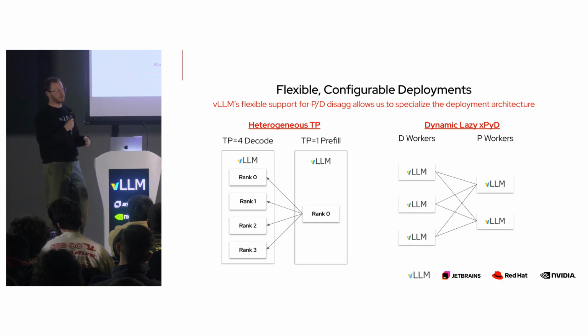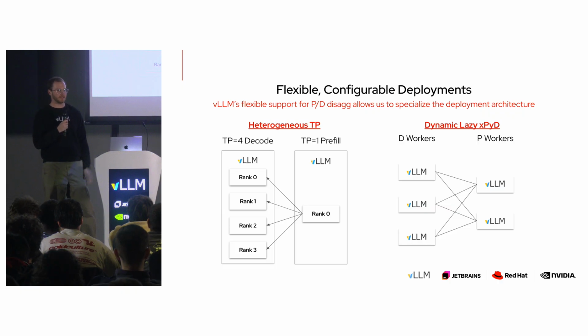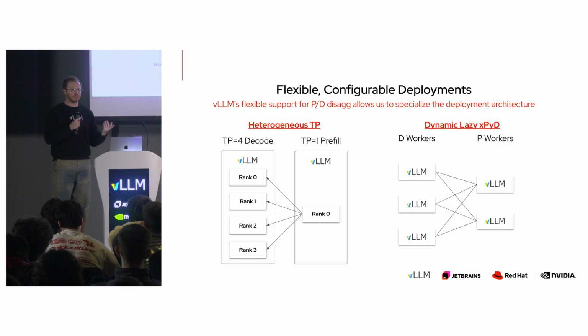This is really important once we get to large-scale WideEP deployments for large MoEs. And then we can do dynamic allocation of prefill and decode nodes. If they're the same parallelism, and maybe our decode nodes are getting overloaded and our prefill nodes are not getting enough utilization, we can just turn a prefill node into a decode node without needing to restart the server or do anything.